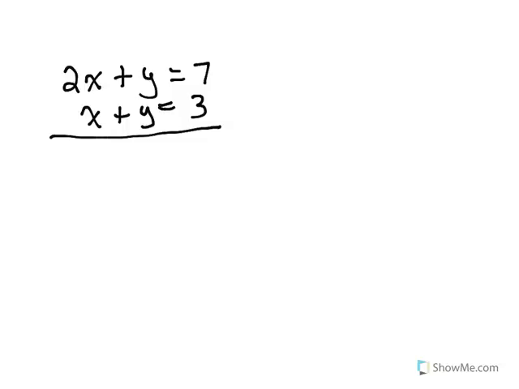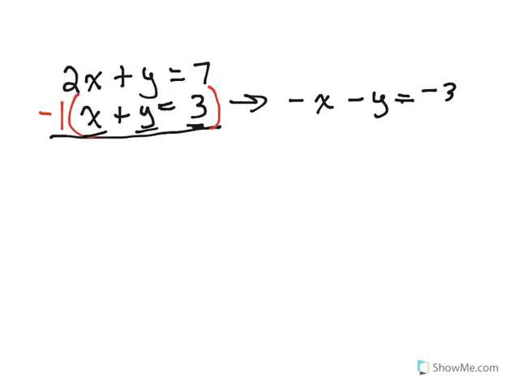I'm going to eliminate y, and to do that I need to multiply the second equation by -1 so that I'll have a positive y and a negative y. And that gives me -x minus y equals -3.